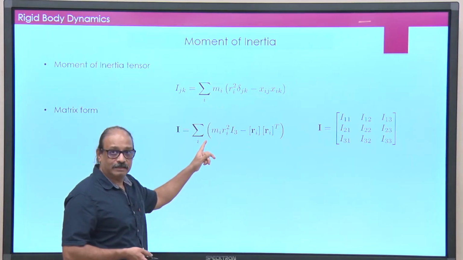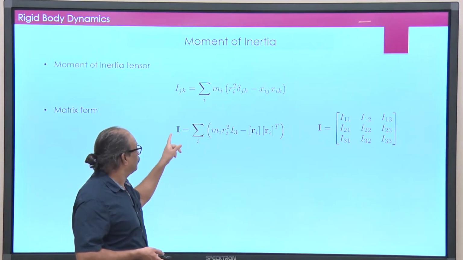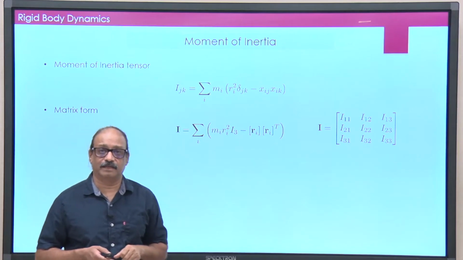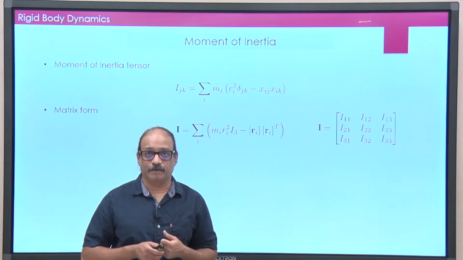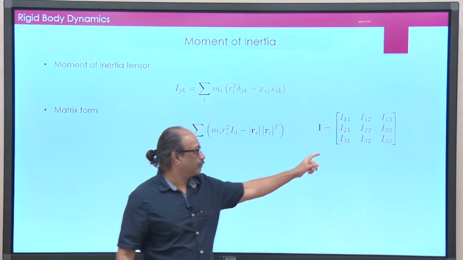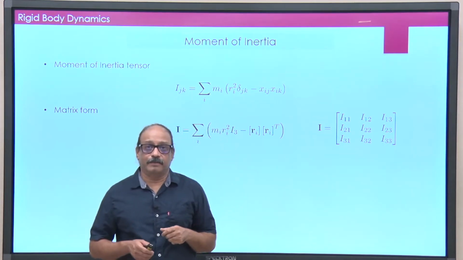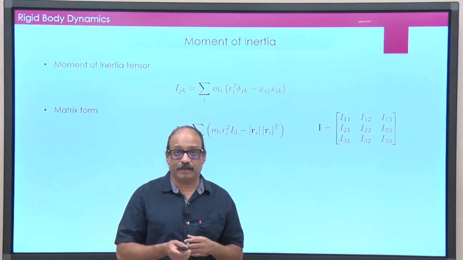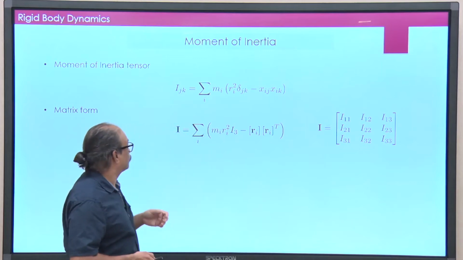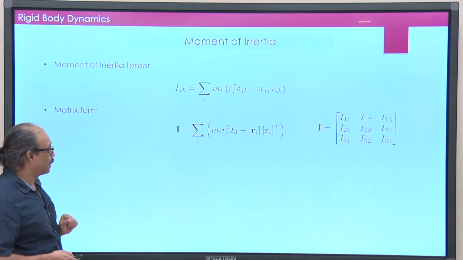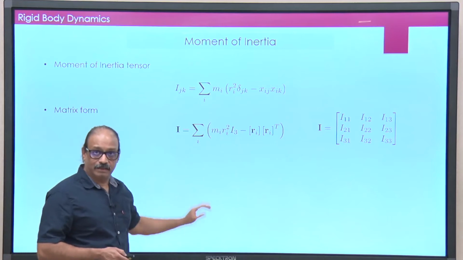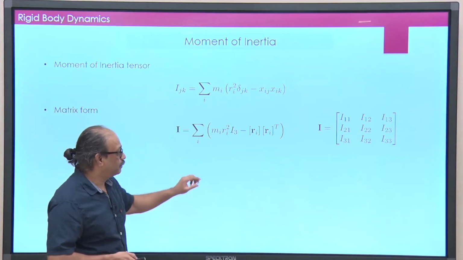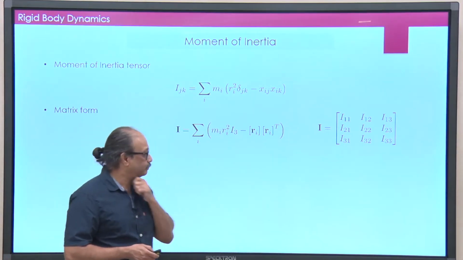Now, a vector has 3 components, but this entity which we called moment of inertia has 9 components, basically 9 numbers. These 9 numbers transform in a certain way, and that is why it is called a tensor. But that apart, in this week we will treat this essentially as a matrix.